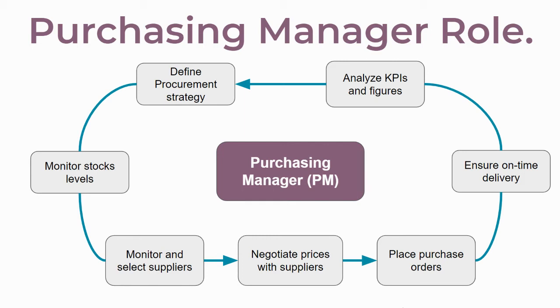Also, once it has been determined which components should be ordered in which quantity and for which date, the follow-up process starts for the purchasing manager to ensure on-time supplier deliveries. For this, the purchasing manager needs to have a clear overview on RFQs that still need to be confirmed into purchase orders. And once purchase orders have been confirmed, being able to monitor purchase orders is critical to ensure that suppliers will meet deadlines.